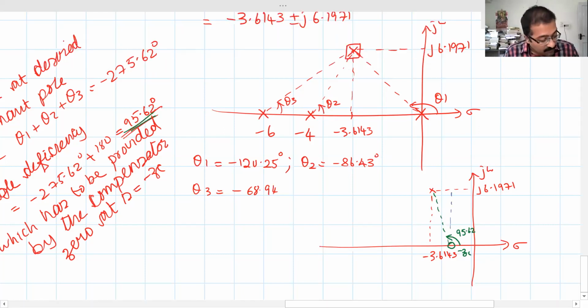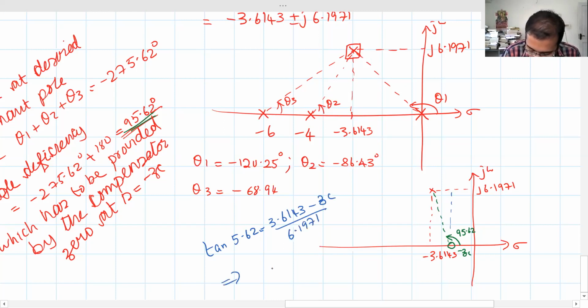If you apply trigonometry, you will get tan 5.62 should be the opposite side over the adjacent side. The opposite side is 3.6143 minus the zero position, that is 3.6143 minus zc, divided by the adjacent side, which is 6.1971. If you solve this, you will get the compensator zero at 3.0044.